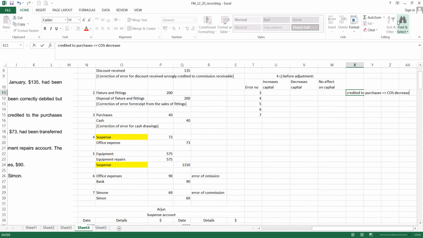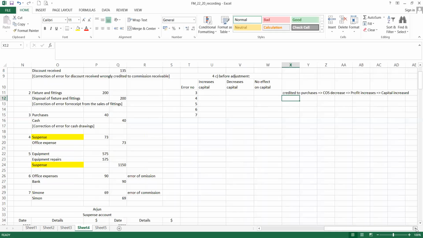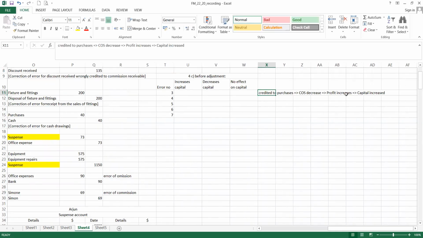When cost of sales decrease, profit increase. So profit increase, capital increase, because profit is under the capital section. So this is the first impact that we get. So this one is increase.